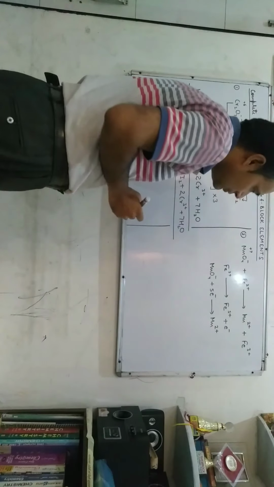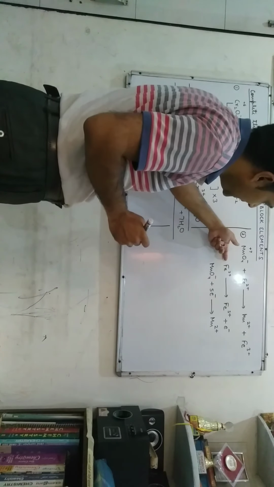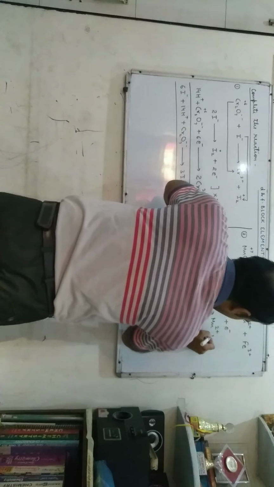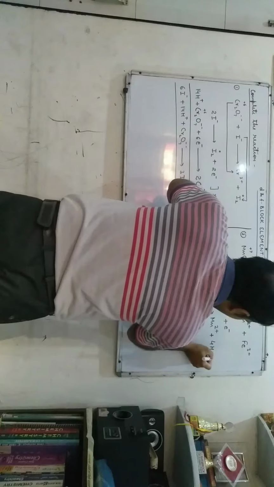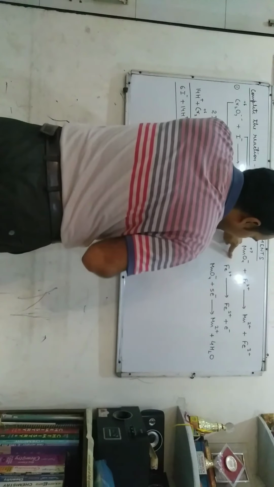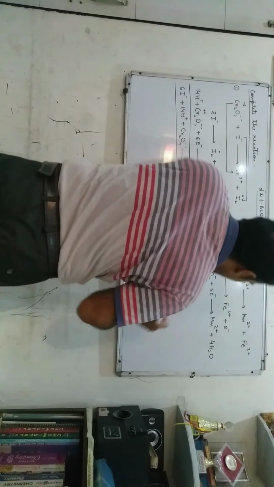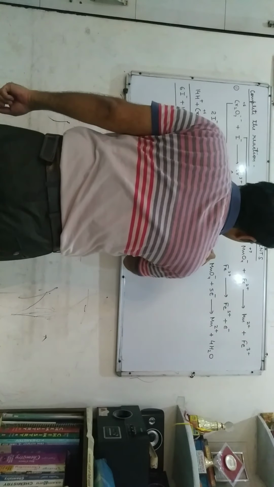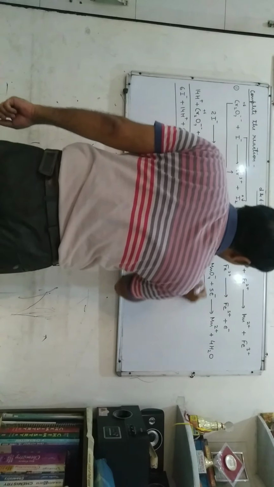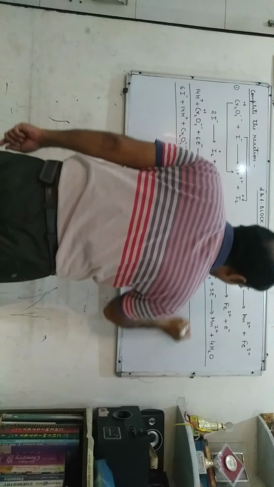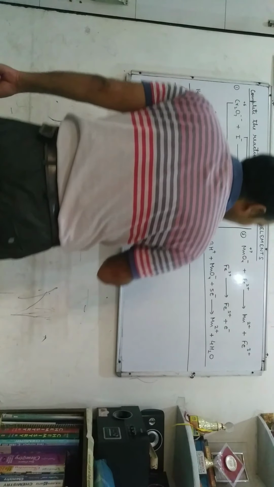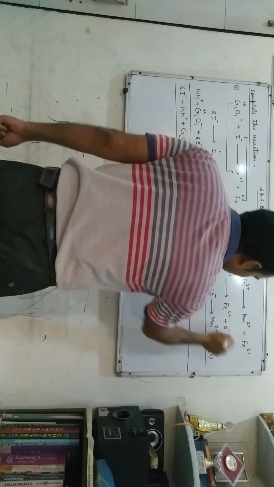Now balance the oxygen atoms. Here no oxygen is there, nothing to add, but on the left the 4 oxygens are there, so adding 4 water molecules on this side. Now balance hydrogen atoms. Nothing to add because no hydrogen is there, but in this equation 8 hydrogens are on the right hand side, so we add 8 hydrogen ions on left hand side. Now multiply with a suitable integer. Here the 1 electron, here the 5 electrons.